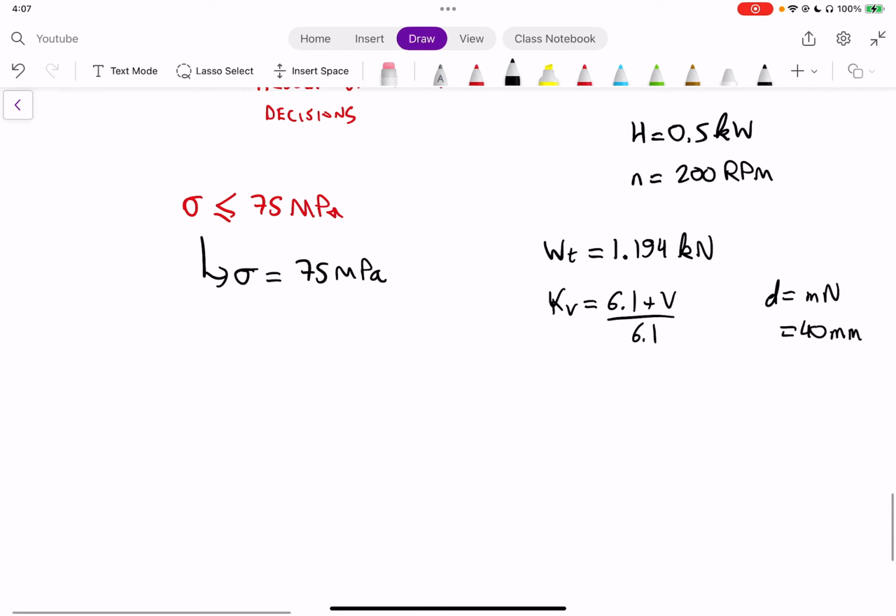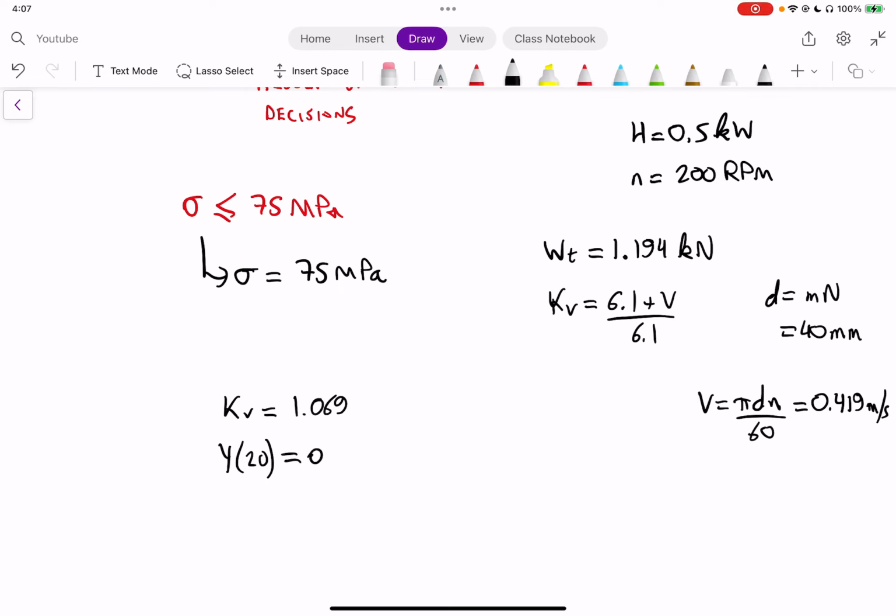And therefore, we would have a velocity calculated from pi dn over 60, which, if we work through the math, gives 0.419 meters per second. So we have that term right there. Our kV would then be equal to 1.069, and our y for 20 teeth would be equal to 0.322 based on our table in our Module 2 formula sheet.